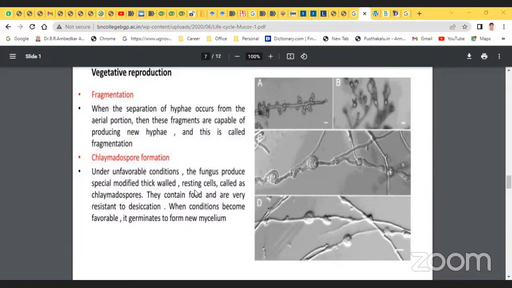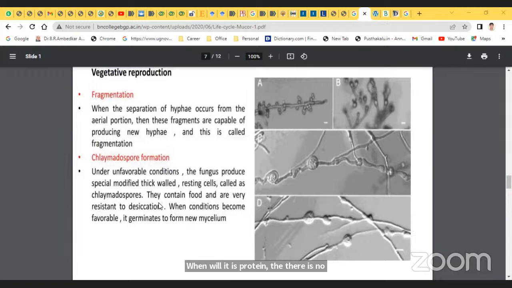So in chlamydospore formation, when the conditions are unfavorable, the fungus produces special modified thick-walled resting cells called chlamydospores. This is under vegetative reproduction.